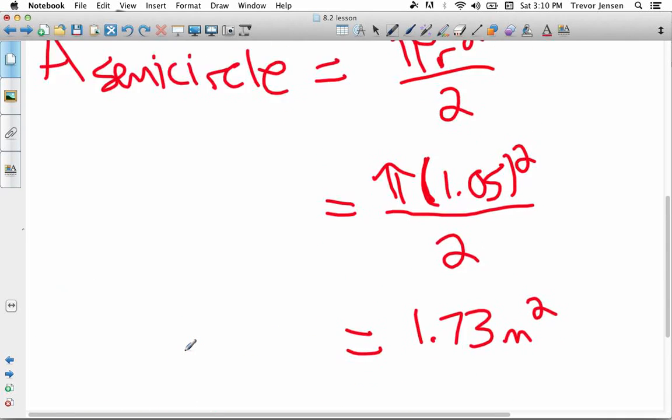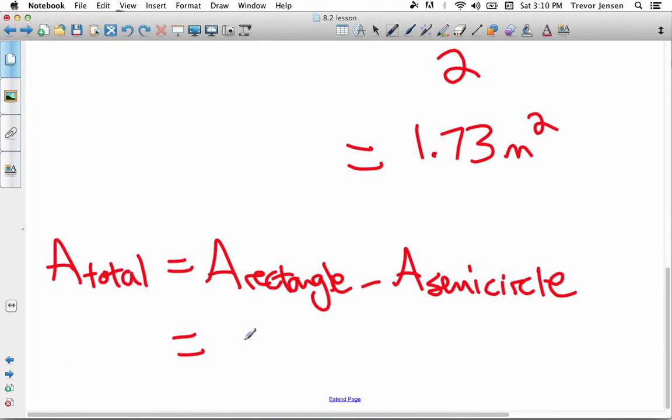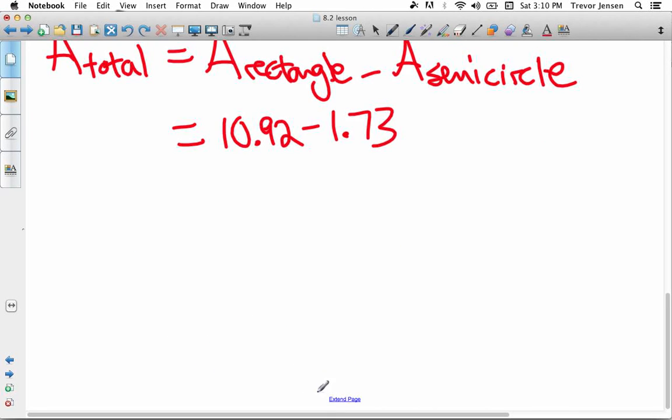The area of my rectangle was 10.92 meters squared. Subtract the area of the semicircle, which is 1.73 meters squared. When I subtract the area of that semicircle that has been cut out from the area of my rectangle, I will get the area of the walkway. So 10.92 minus 1.73 will give me 9.19.